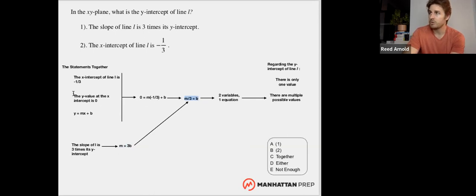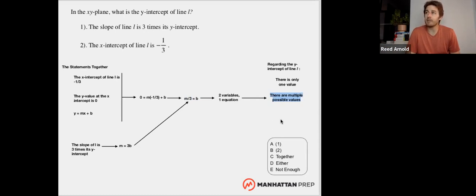And so the two statements actually converge before they can give me a single value. They end up on the same inference chain that leads to there are multiple possible values here. And that is the case. This is a situation where the answer is E. I cannot answer this question because I actually have the same information twice.